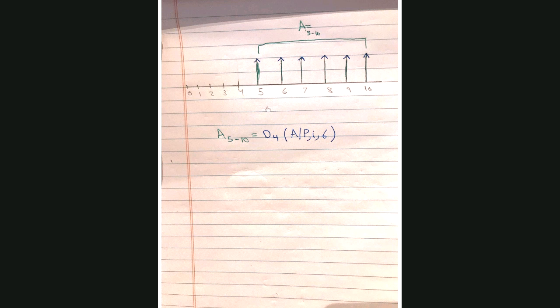Why is it 6? Because you count the arrows when the annual starts from 5 to 10, you will find 6 arrows, and that means it's 6 years. In this example, you can apply any interest rate, and you solve this example to validate the information.